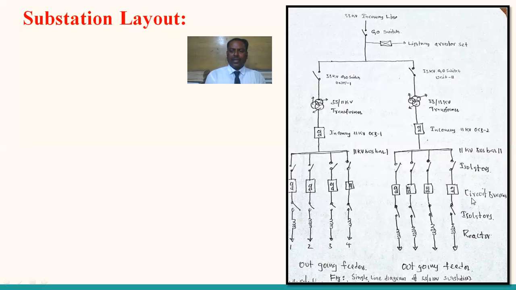Isolators and circuit breakers are switches operated under no load and loaded conditions, whereas reactors are the current controlling elements. These are the outgoing feeders. So this is a single line diagram of a 33/11 kV substation.